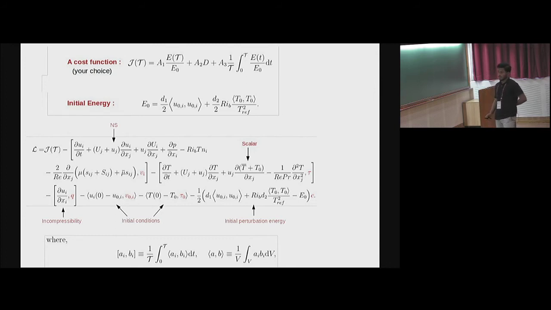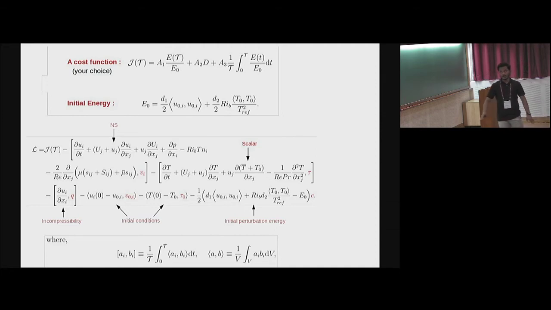So once you have formed the Lagrangian, you take derivatives of this Lagrangian with respect to all the unknowns in this equation. And when you take the derivative, if you want to reach optimality, you have to have the gradient of the Lagrangian with respect to everything go to 0.